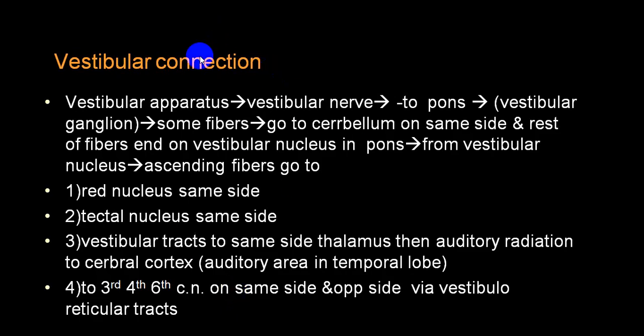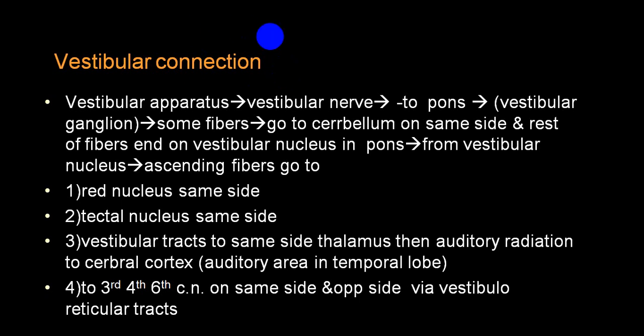So the vestibular system will be connected to the cerebellum, to the third, fourth and sixth cranial nerves, to the cerebral cortex, basal ganglia, and some of the descending tracts, that is vestibulospinal tract, tectospinal tract, rubrospinal tract etc., which will take part in maintenance of tone, posture and equilibrium.